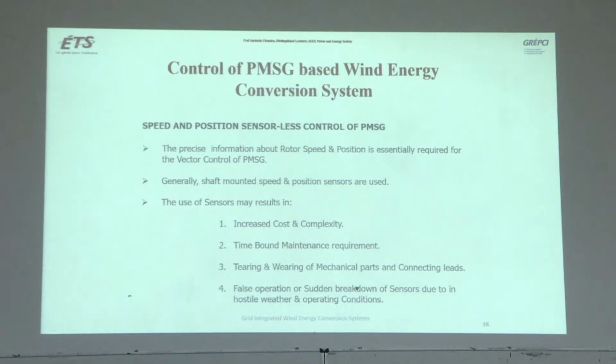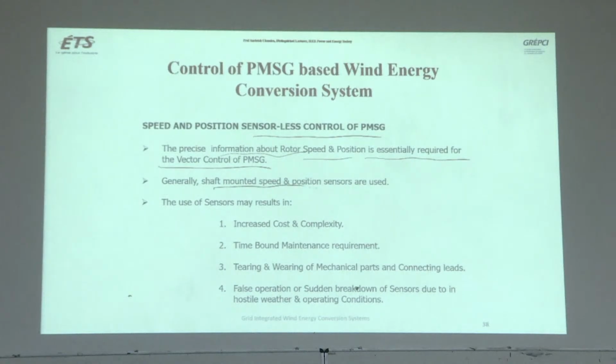Now, speed and position sensorless control of PMSG. Earlier we had measured the speed and those things. Now we are talking about sensorless control of PMSG. Precise information about rotor speed and position is essentially required for the vector control of PMSG, right?